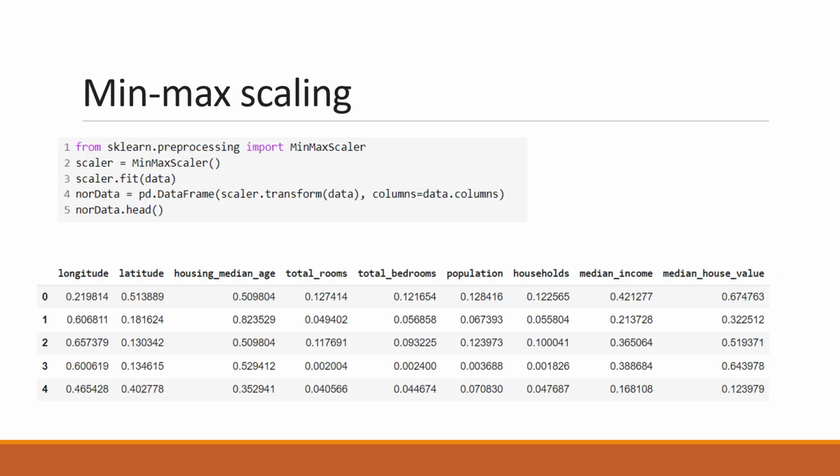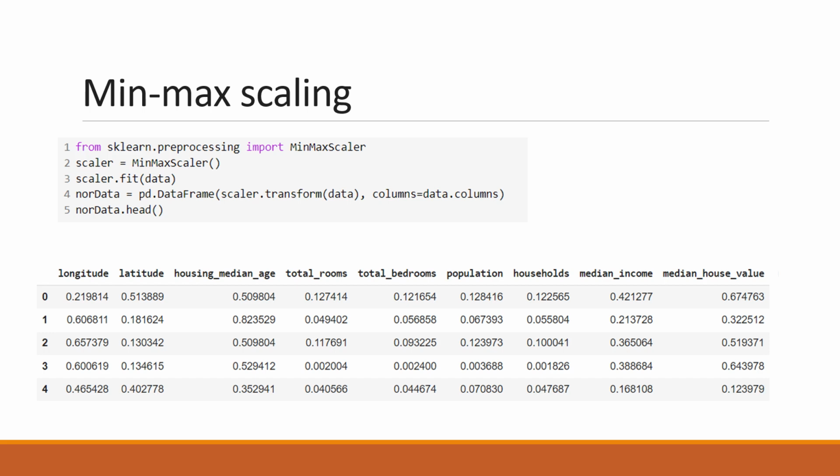Now, let's take a look at how to perform min-max normalization in Python using the sklearn library. Here is an example code snippet. First, we import the MinMaxScaler class from the sklearn preprocessing module. Then we create an instance of the MinMaxScaler class called scaler. Next, we fit the scaler object to our data using the fit method.